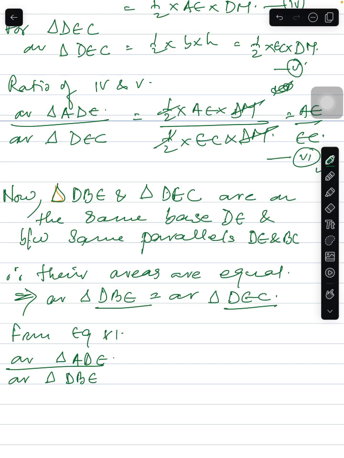So in place of DEC, I can write DBE, which is equal to AE by EC. This will be 7.